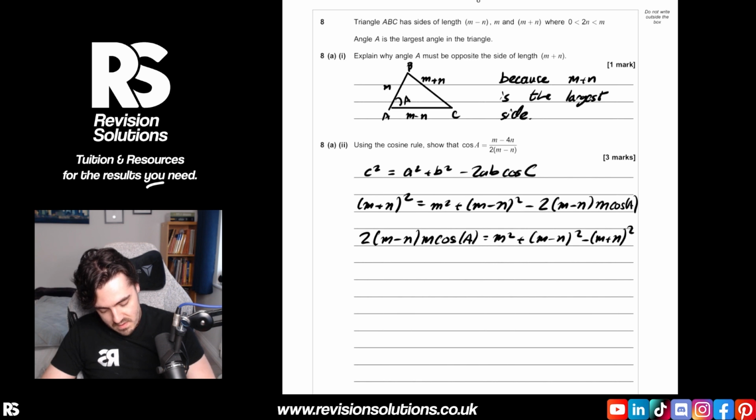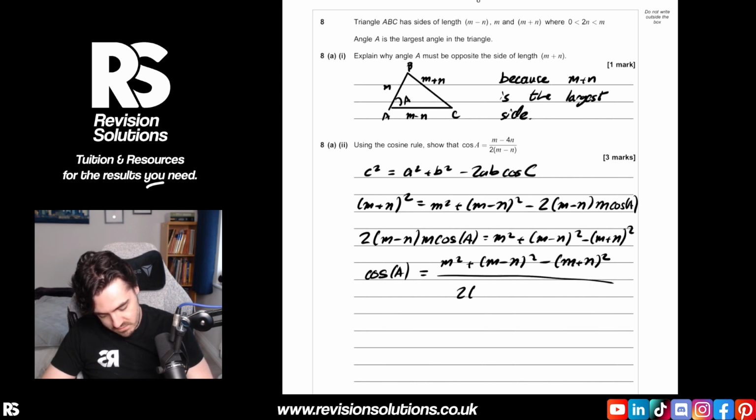Now let's divide by two lots of m minus n times m. So cos A would then be equal to m squared plus m minus n squared minus m plus n squared all over two lots of m minus n times m.